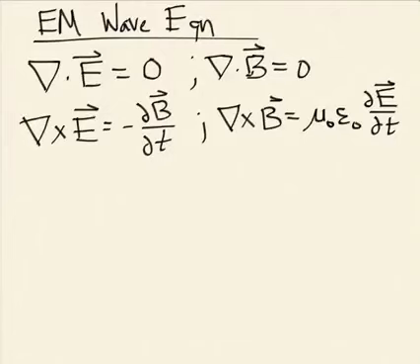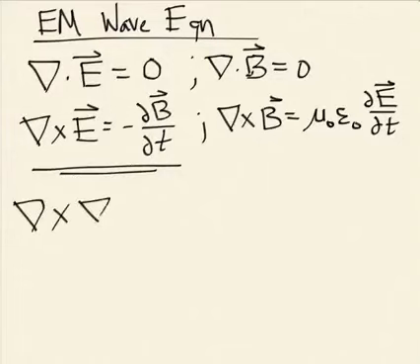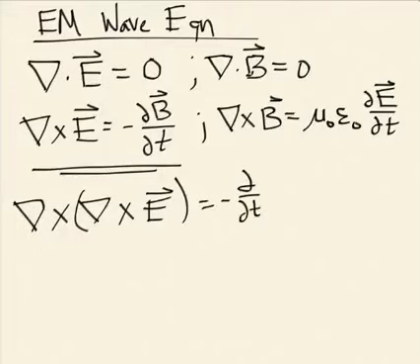So it turns out I can combine these into an equation for a single field by just taking the curl of one equation. So if I take this equation and take its curl, I have curl curl E equals minus, and here's what I'll do, I'll take the curl inside the time derivative.